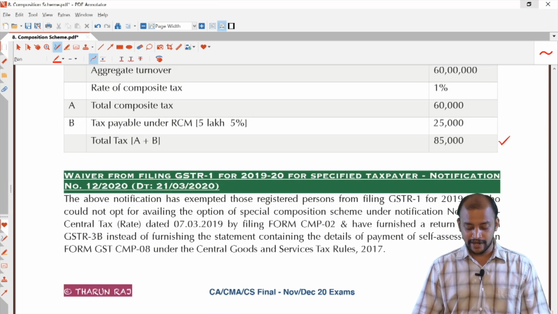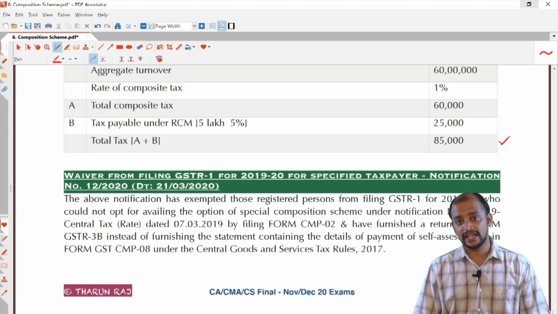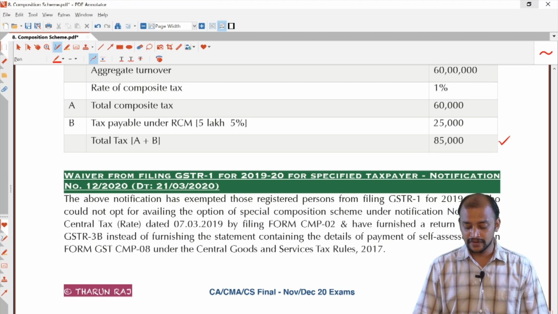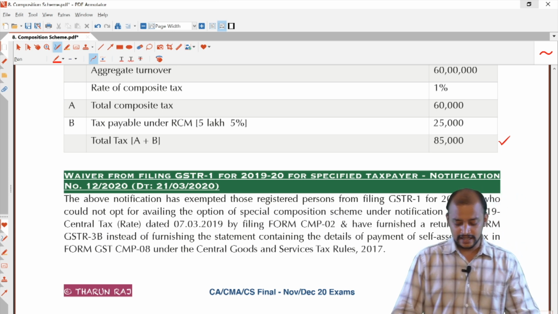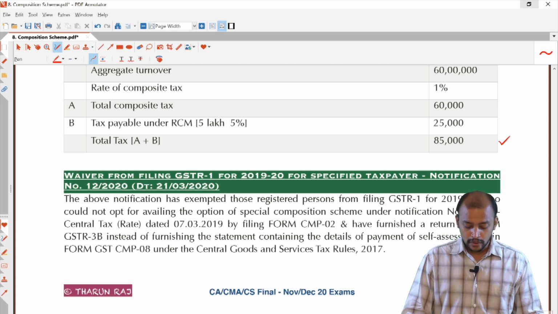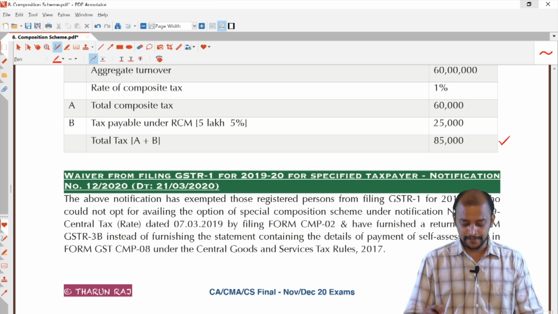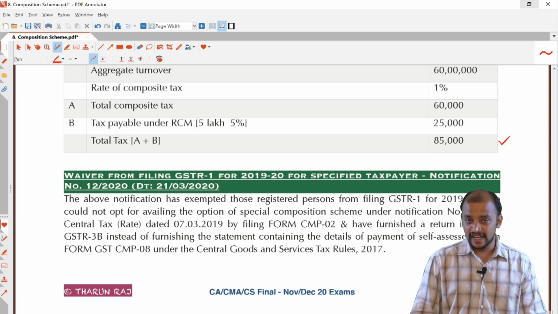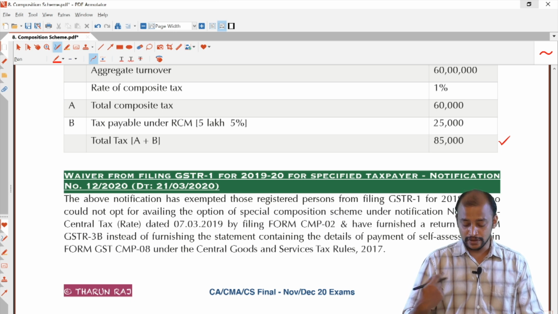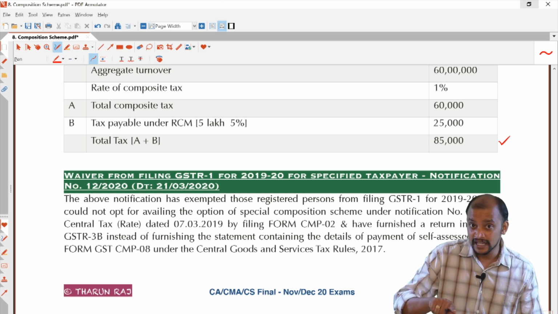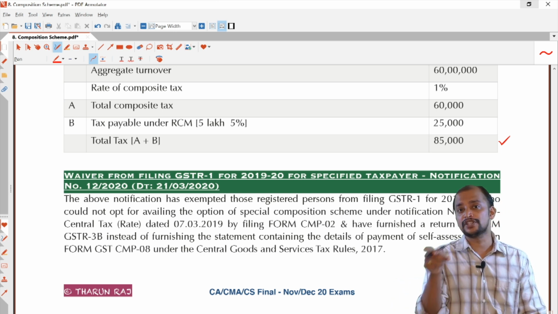Then there is one amendment: waiver from filing GSTR-1 for 2019-20 for specified taxpayers. What is that? Those who could not opt for the special composition scheme option have to file CMP-02, and they need to intimate and have furnished a return in GSTR-3B instead of CMP-08.